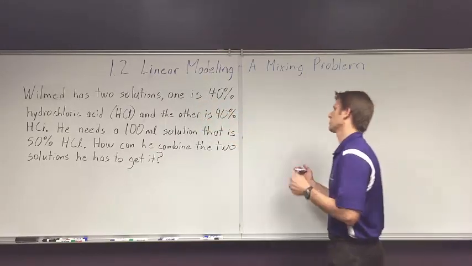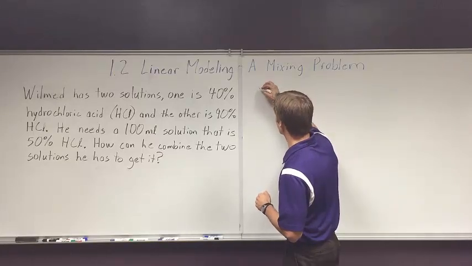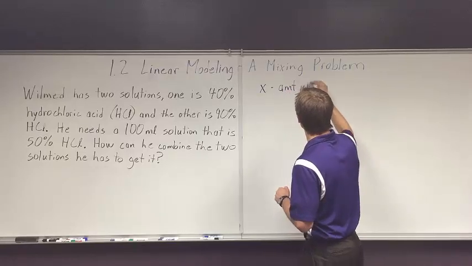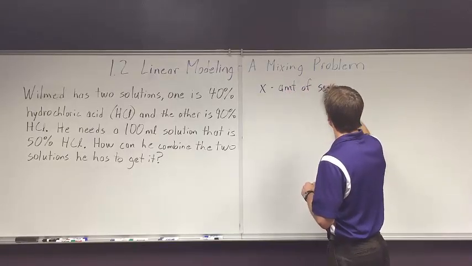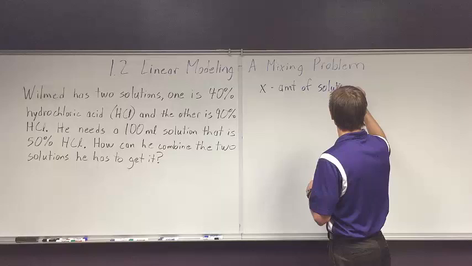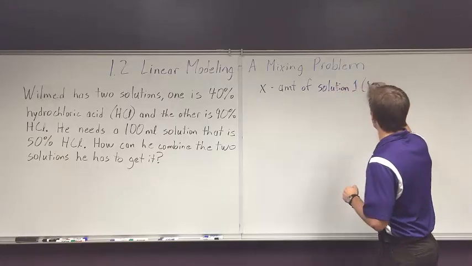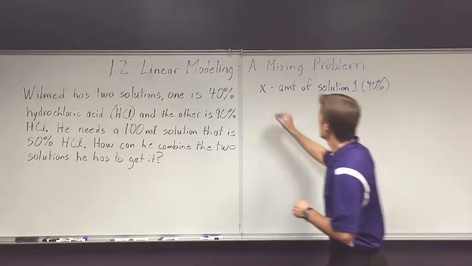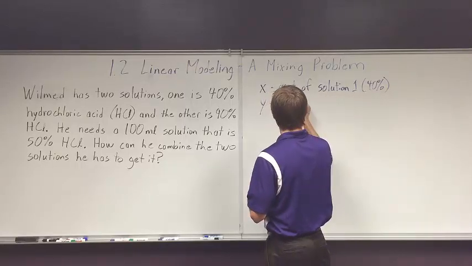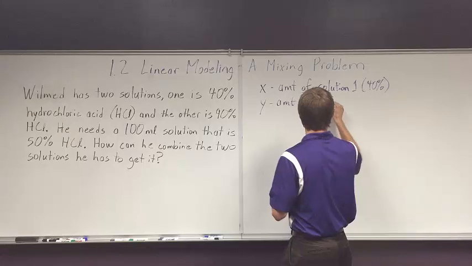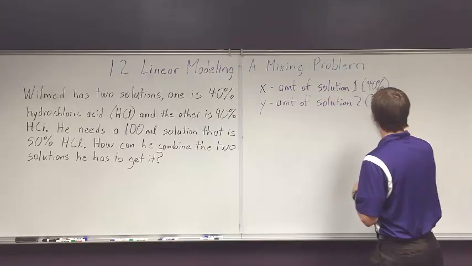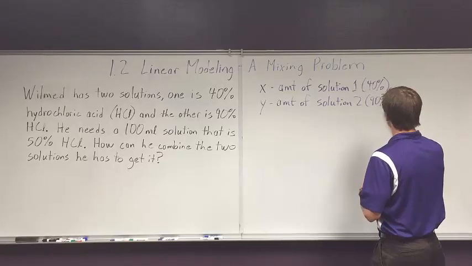Just because in math we usually do it this way, let's call x the amount of solution 1, the 40% solution, and y the amount of solution 2, the 90% solution.